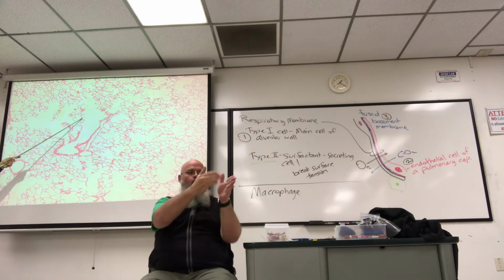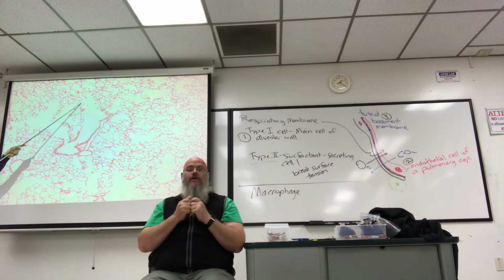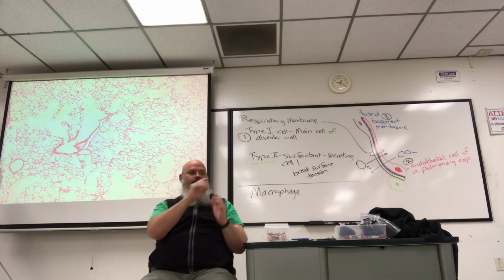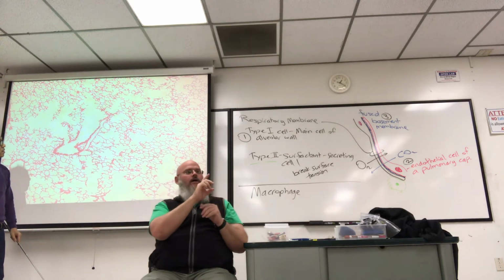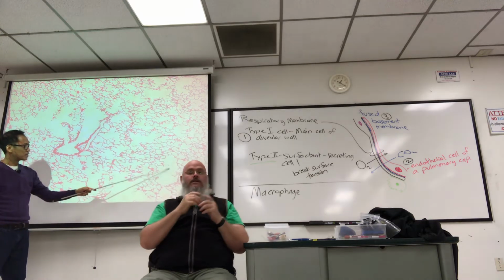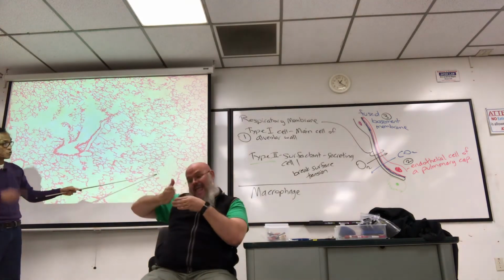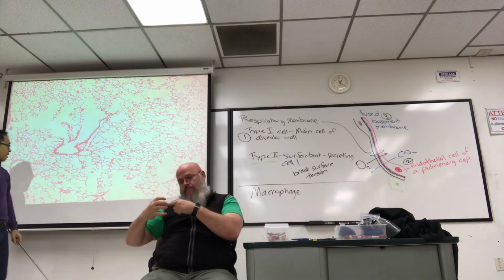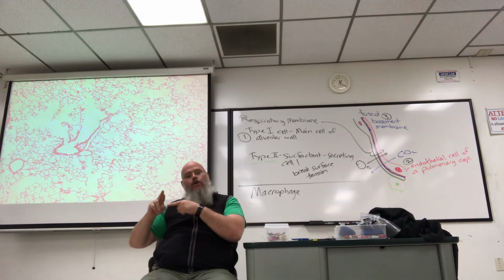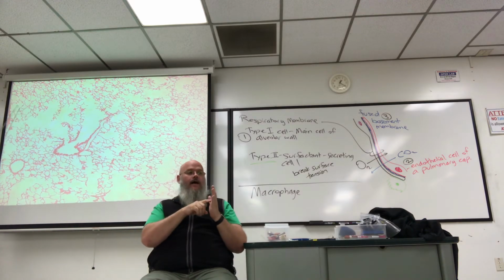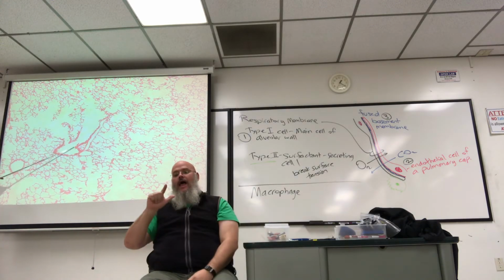In my analogy, the rooms are the alveolar spaces, but the hallway is the alveolar duct. An alveolar sac is more like a round structure like this, and at the ends it opens up into individual alveolar spaces. So be able to identify alveolar duct versus just alveolus, bronchial.